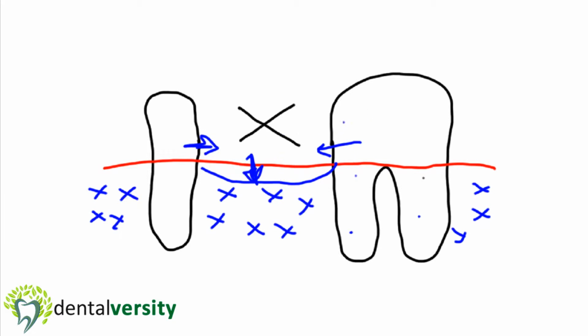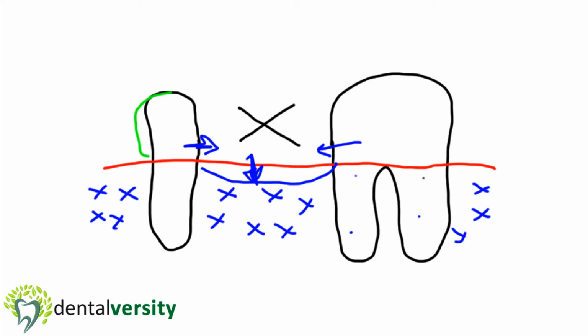So a bridge, ultimately, is a cap that's going to cover the back tooth and a cap that's going to cover the front tooth, and both are going to hold an artificial tooth. So let's come in. I'm going to draw the bridge in there. So here we go.